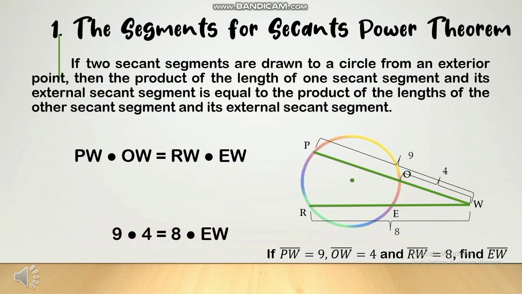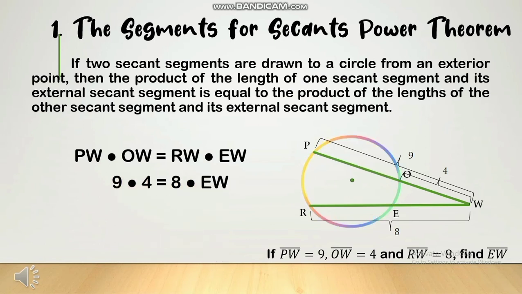Substitute: 9 times 4 is equal to 8 times EW. 9 times 4 equals 36, and 8 times EW is 8EW. To solve for EW, divide 36 by 8, which is equal to 4.5. EW is equal to 4.5.